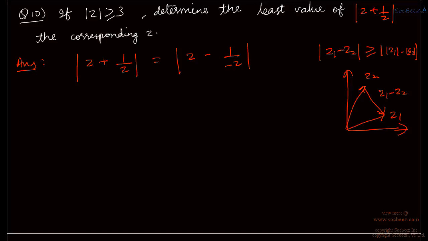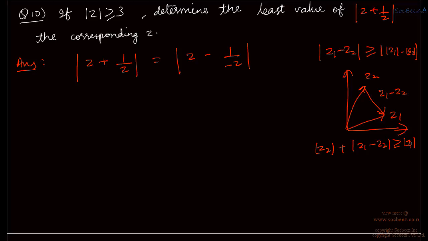Now we know that in a triangle, the sum of two sides should be greater than the third side. The distance is nothing but the side, right? So I know that mod of z2 plus mod of z1 minus z2 should be greater than mod z1.